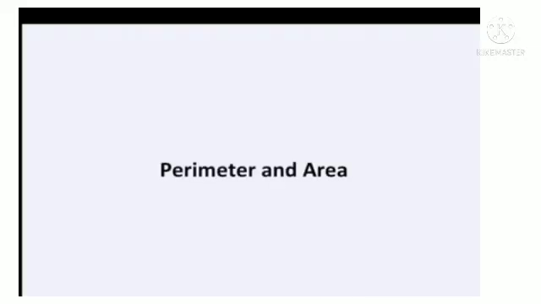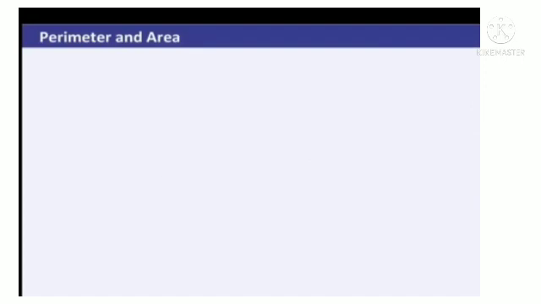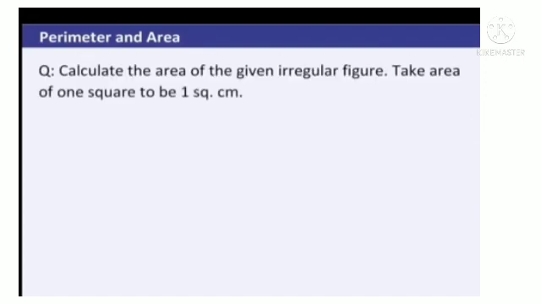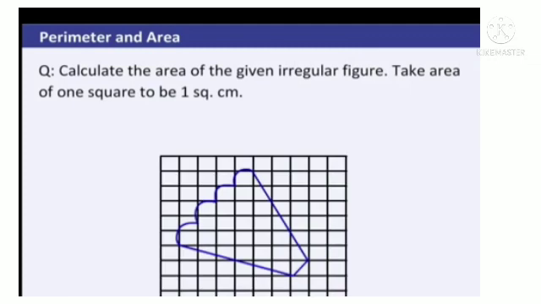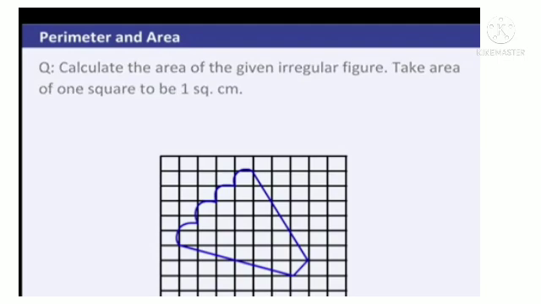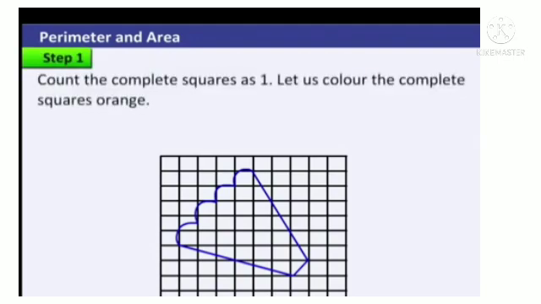In this tutorial, we will learn to calculate the approximate area of a given irregular figure using square grid paper. Calculate the area of the given irregular figure. Take the area of one square to be 1 square centimeter. Step 1. Count the complete squares as 1.